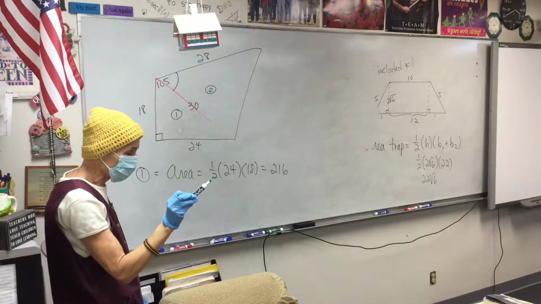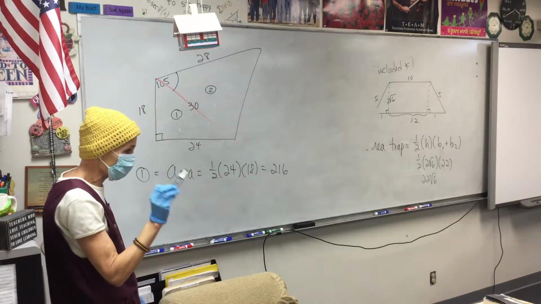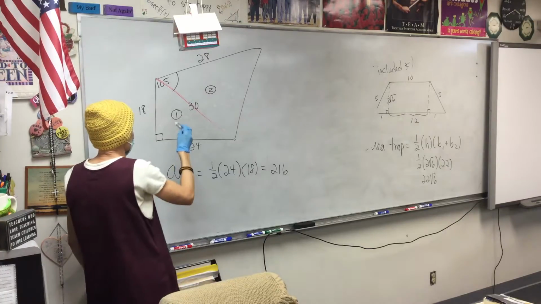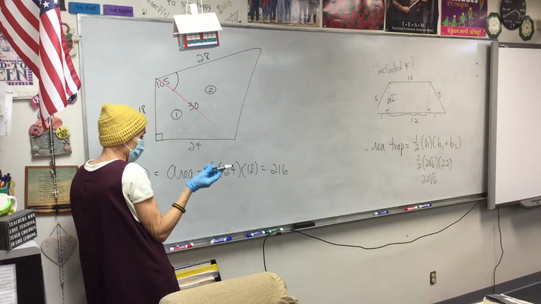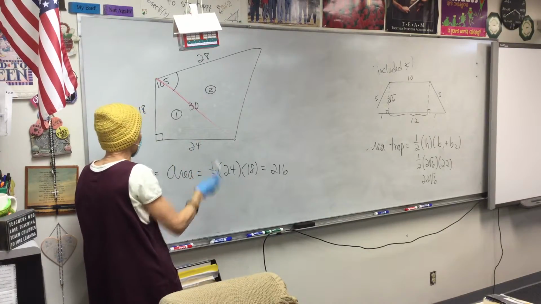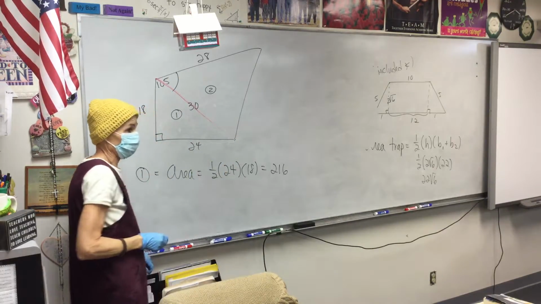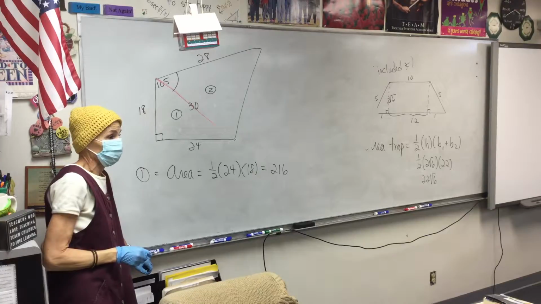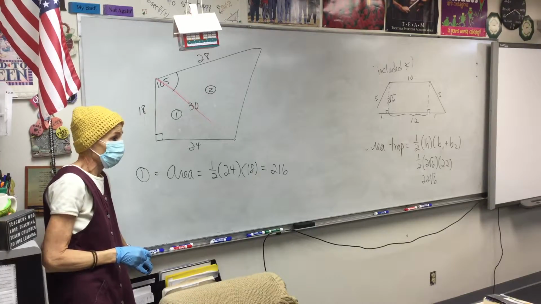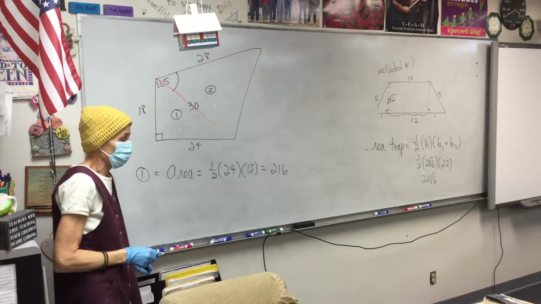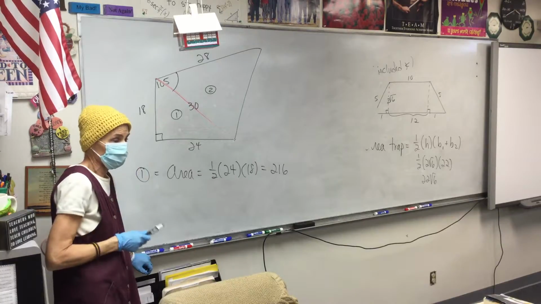Now before someone says it, let's think for a minute. Is there any reason that I would have to assume that that red line I drew in cut that angle in half? No. You cannot make that assumption.